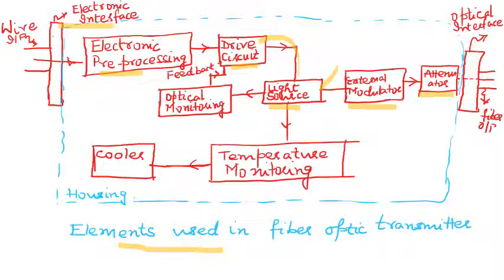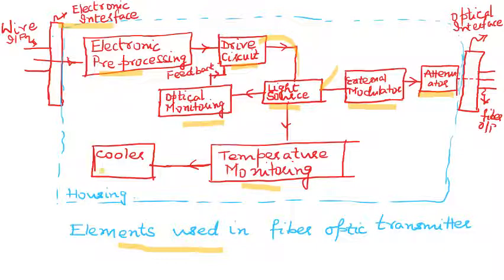Then we have optical monitoring circuit to keep the output power constant. This is fed back to the drive circuit and the output power is maintained constant. The temperature monitoring circuitry is required to maintain constant temperature, as laser diode is highly sensitive to temperature.